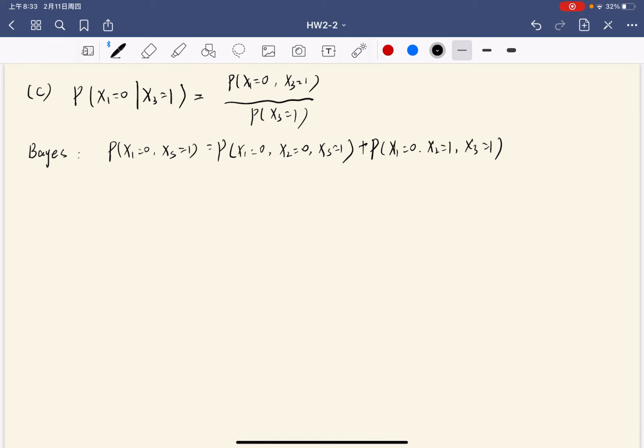Because in the statement the conditional probabilities have been fixed, and P(x1 = 0) equals 0.2 and P(x1 = 1) equals 0.8, we can find this chain is a Markov chain.